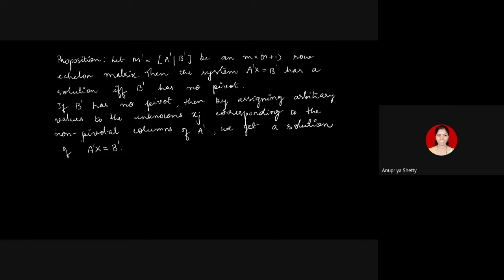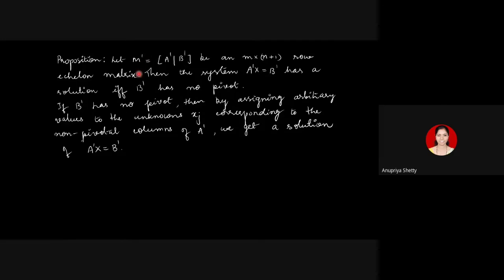So in this proposition, the M dash mentioned here is the same M dash which I explained just now. Ax equal to B, you are supposed to solve; form AB, and when the matrix M, which is AB, is reduced to the row echelon form, that is called M dash. So this is M dash. This proposition tells you when a system will have a solution and when it will not have a solution.